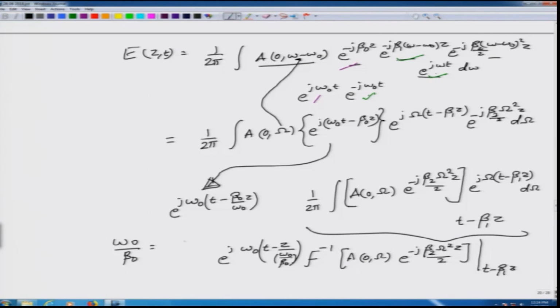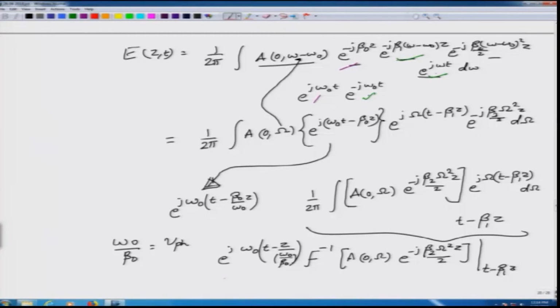This change gives me a small simplification, because omega_0 by beta_0 is actually equal to the phase velocity V_ph of the carrier. So, z by V_ph is the delay of propagation of the carrier over a distance z. This term can even be written as e to the power j omega_0 (t minus z by V_ph).